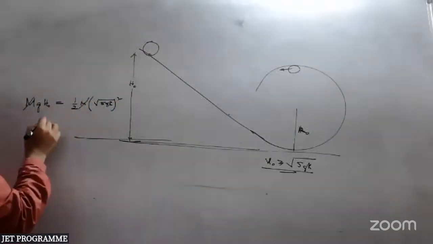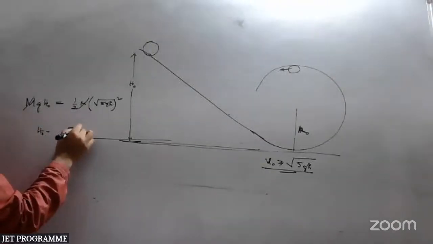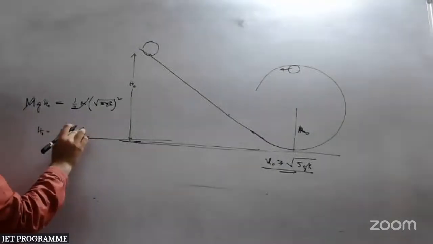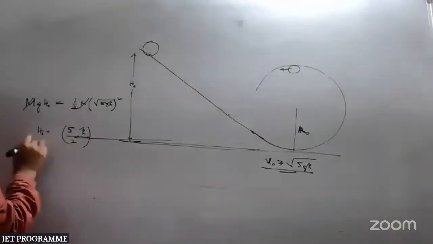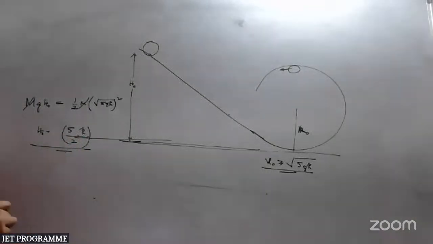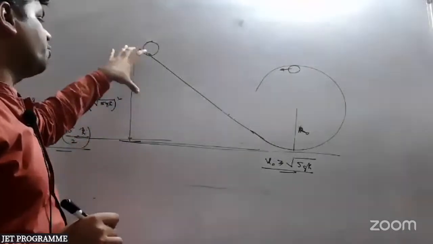M gets cancelled out. h naught is equal to 5 gr by 2. Sorry, g also gets cancelled out. 5 r by 2. So my h from where that should be released is not 2r, but 5 r by 2, 2.5 r.